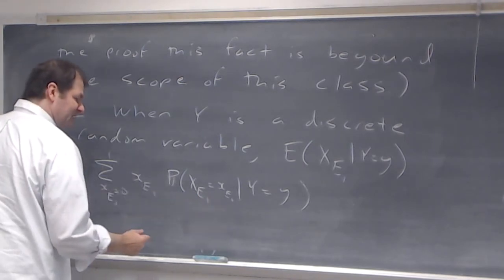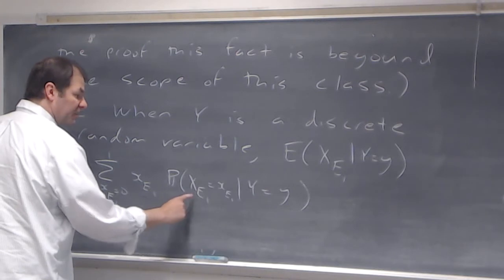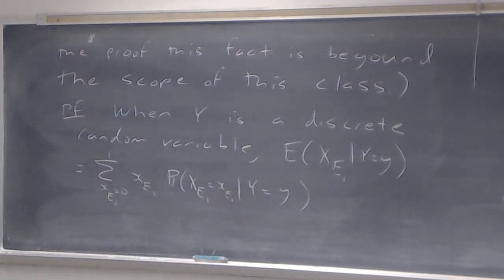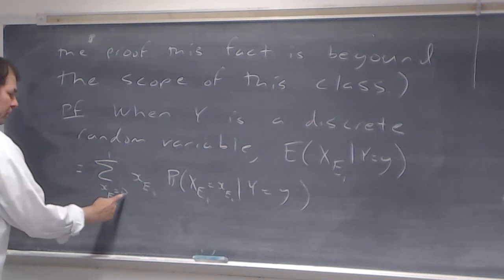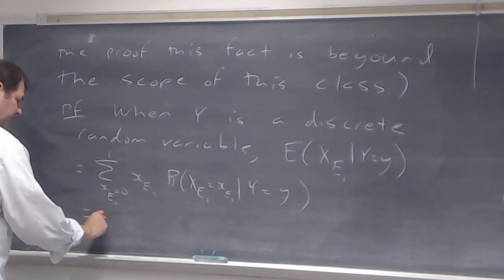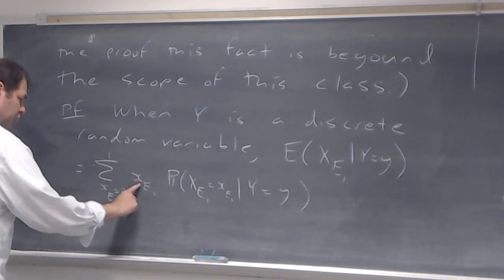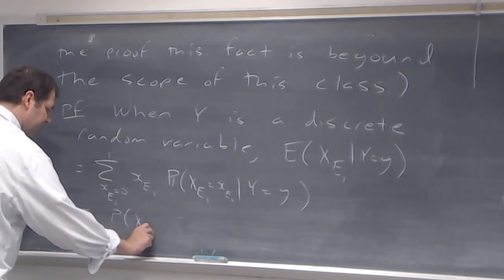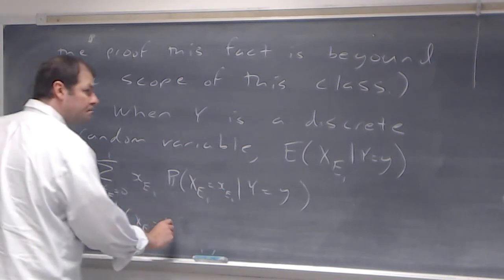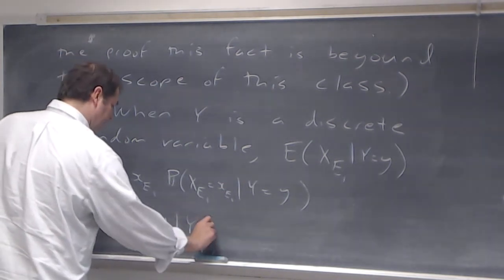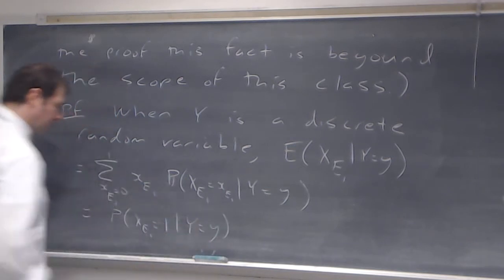This probability is nothing more than the conditional probability mass function of X sub E sub 1 given Y. Now when X sub E sub 1 is 0, we just get 0, so the only term of interest is when X sub E sub 1 is 1, and that's just the probability that X sub E sub 1 equals 1 given Y equals little y.